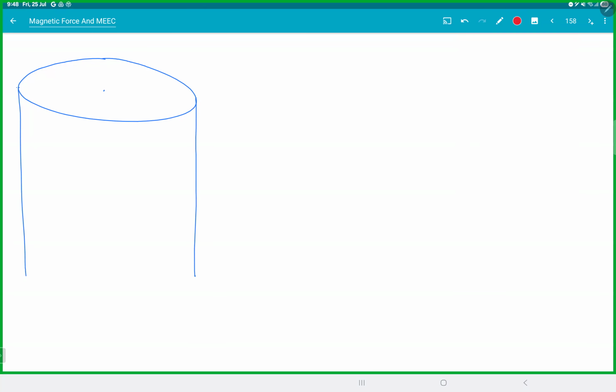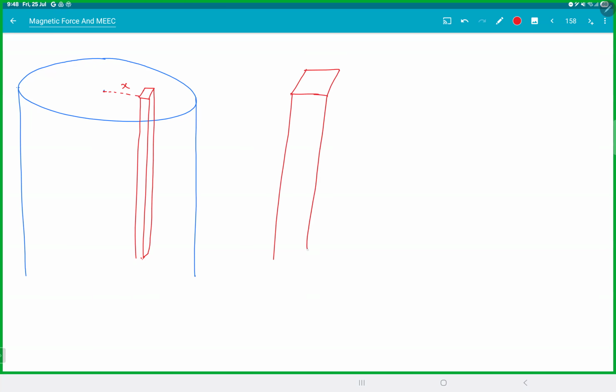So we take an element like this from the center at a distance x. This is how it will look. So if I exaggerate this, it is a shape.